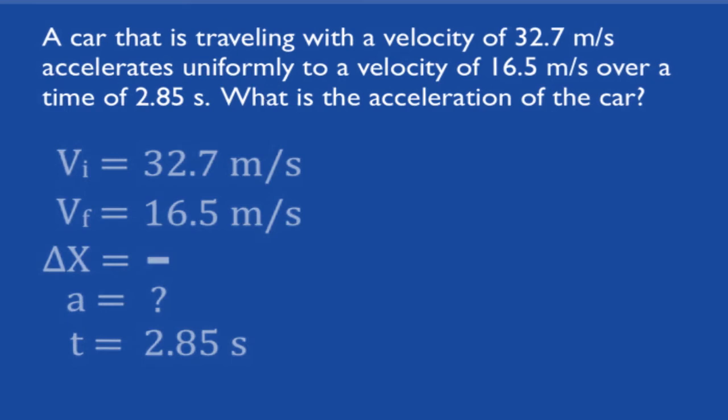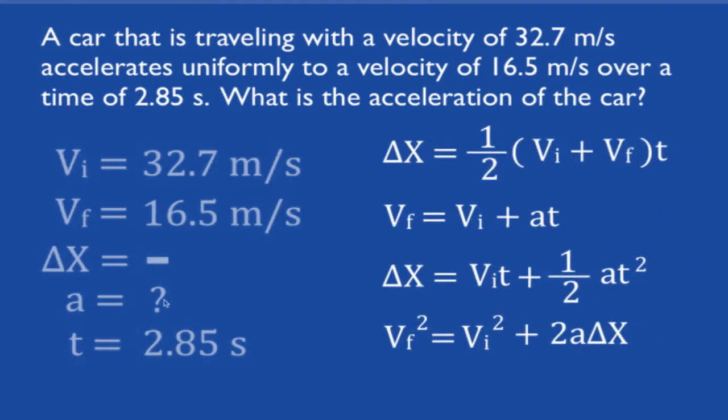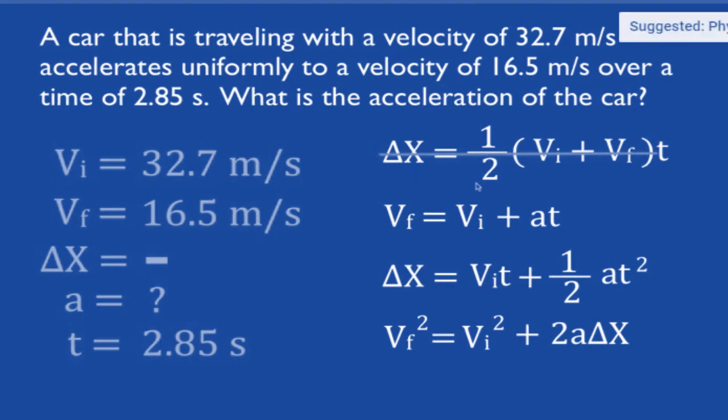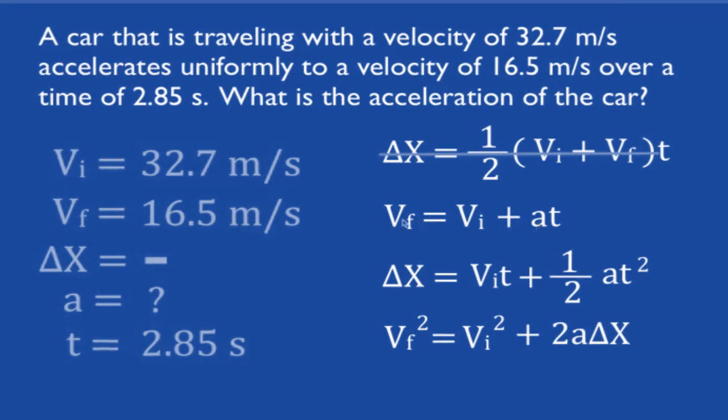Now, once again, you will notice we have 3 variables given and one we are solving for. Let's see which equation we are going to use. The first equation does not have acceleration in it. We are looking for acceleration, and it is just here. Do we know the other 3 variables?